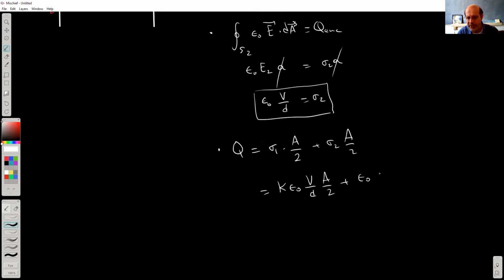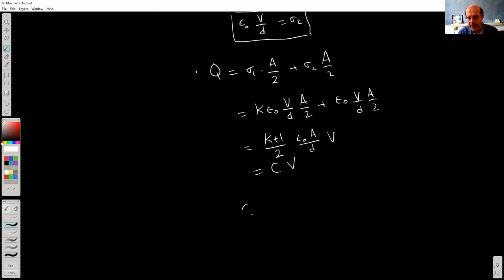This is epsilon 0 V over D, A over 2. Did I forget anything? I don't know. So this is K plus 1 over 2 epsilon 0 A over D times V. I know that this has to be equal to the capacitance times V, so therefore the capacitance is equal to K plus 1 over 2 times epsilon 0 A over D.